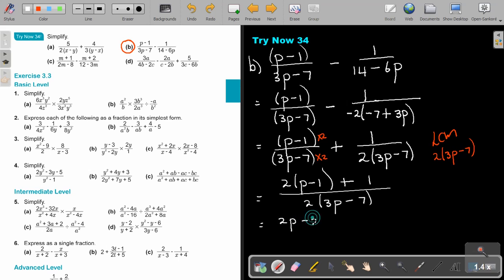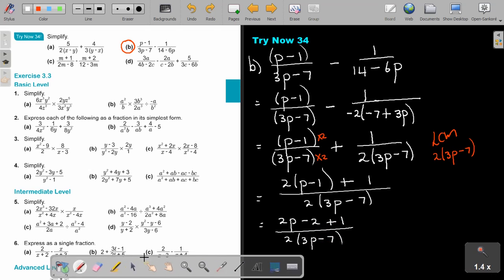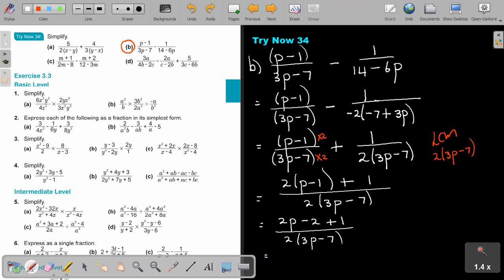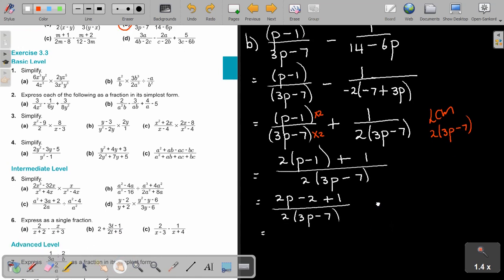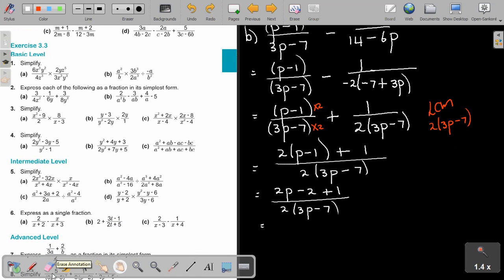Then 2P minus 2 plus 1 over 2, 3P minus 7. And then my final answer, I can move it up a little bit. My final answer is going to be 2P minus 1 over 2, 3P minus 7.